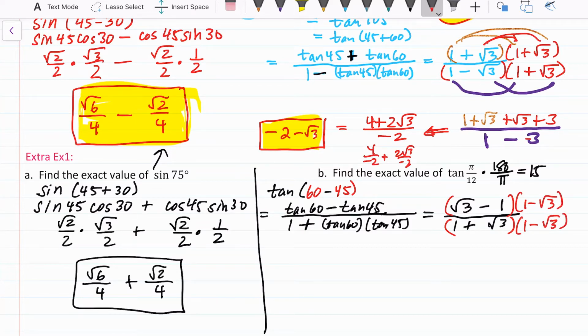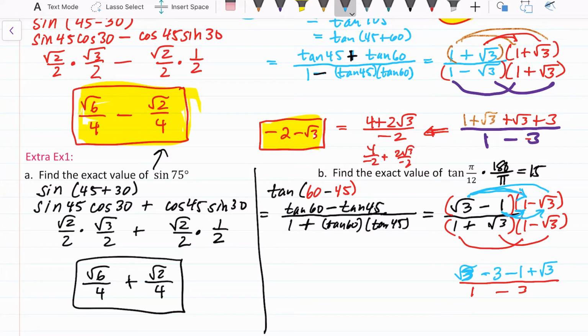So in the denominator, we're going to have 1 minus 3, always. In the numerator, you have radical 3 times 1. Radical 3 times minus radical 3. 1 times 1. And 1 times radical 3.